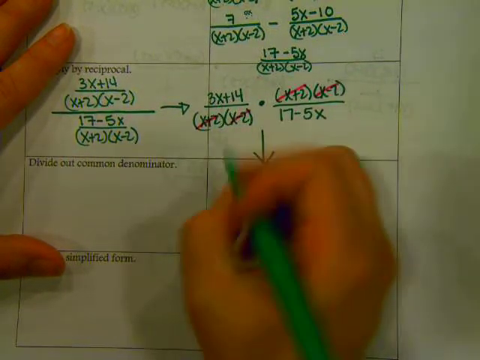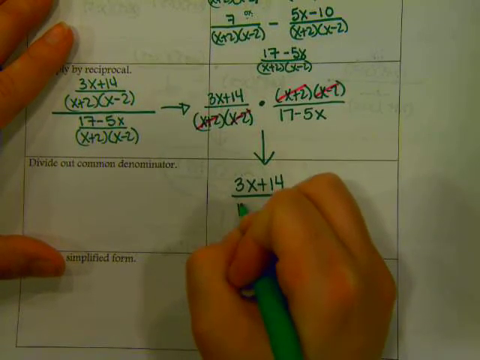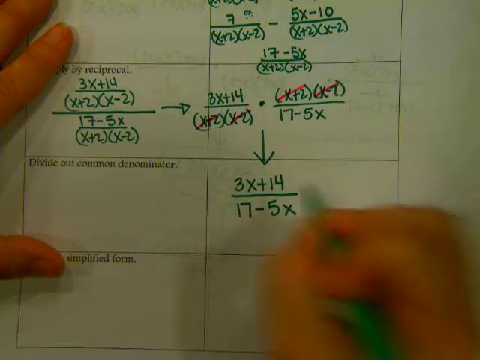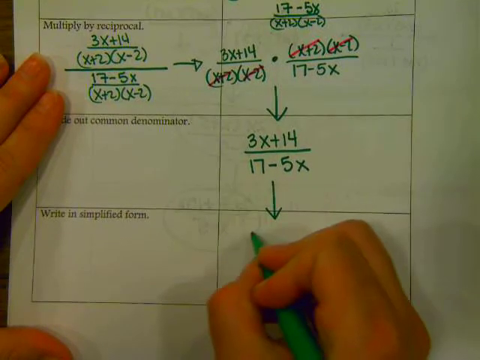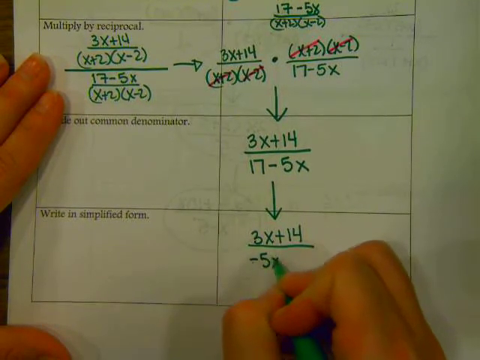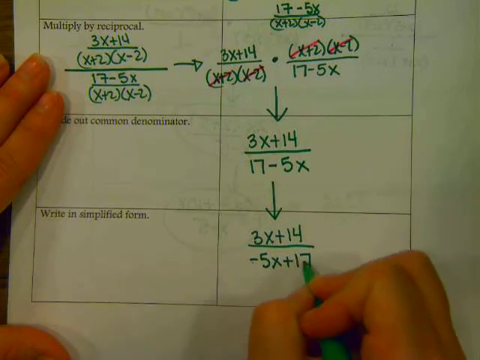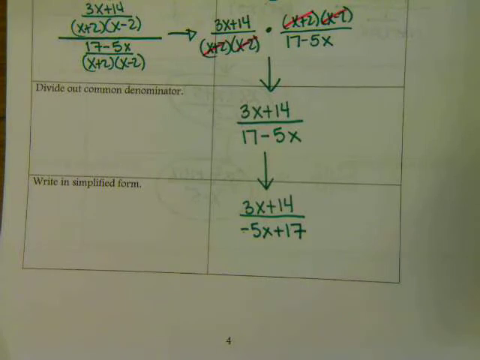You actually get 3x plus 14 over 17 minus 5x. There's nothing to factor here in the final answer, so this would be considered the simplified form. If you really wanted, you could switch to have the x first, make it negative 5x plus 17, but it doesn't really matter. Both of those are completely fine.